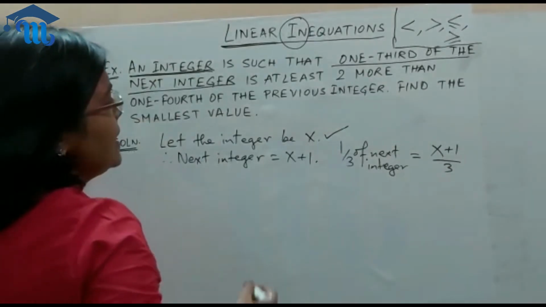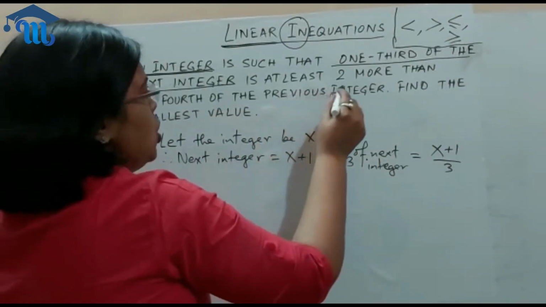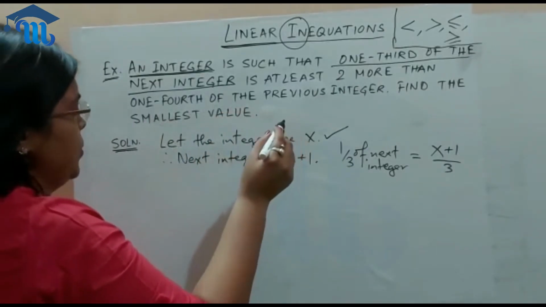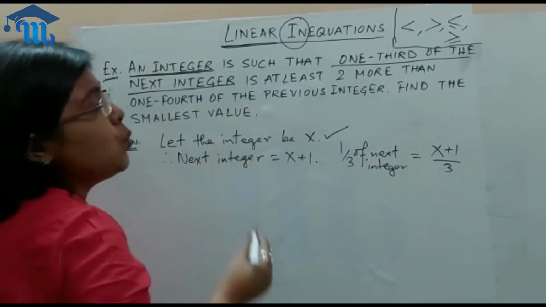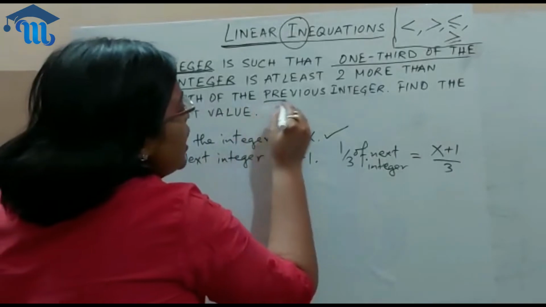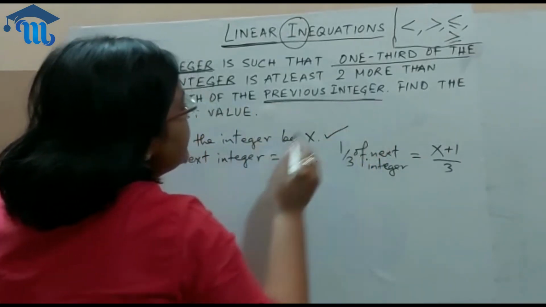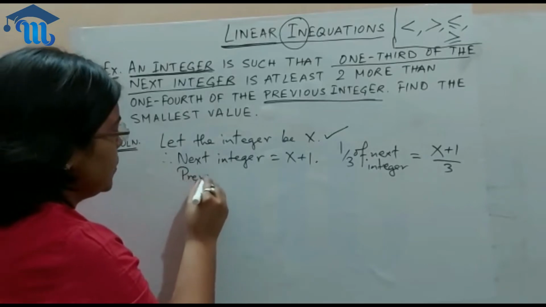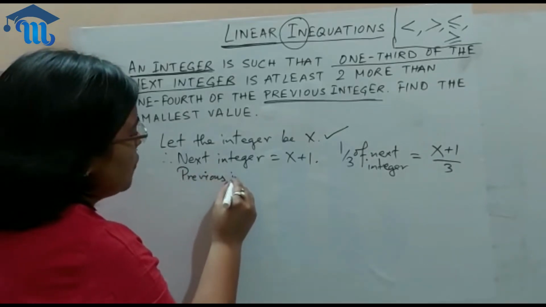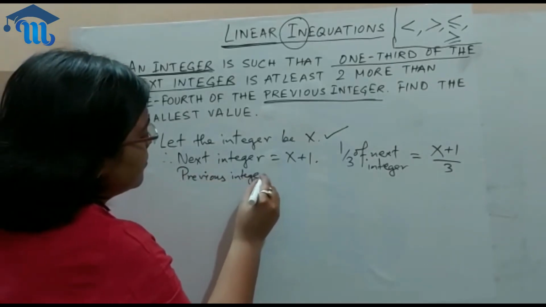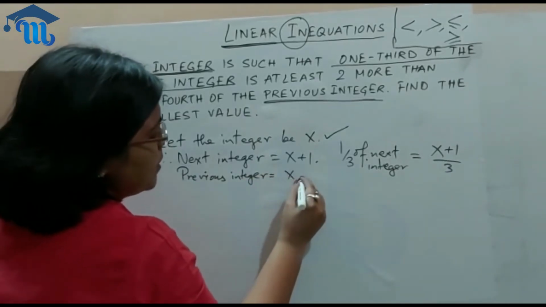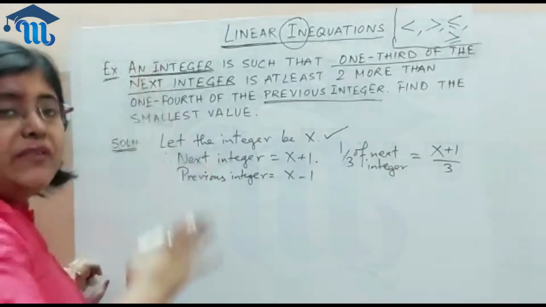Now it is said that it is at least 2 more than 1/4 of the previous integer. Before we do anything, let's try to identify the previous integer. So let's write the previous integer in terms of x. That is nothing but x minus 1. It's just the previous number.